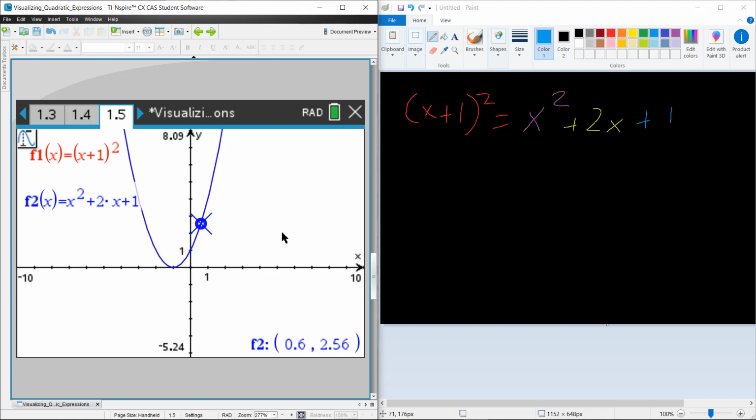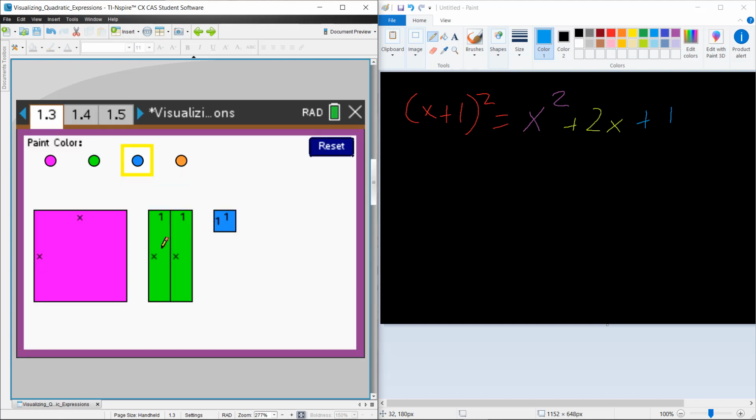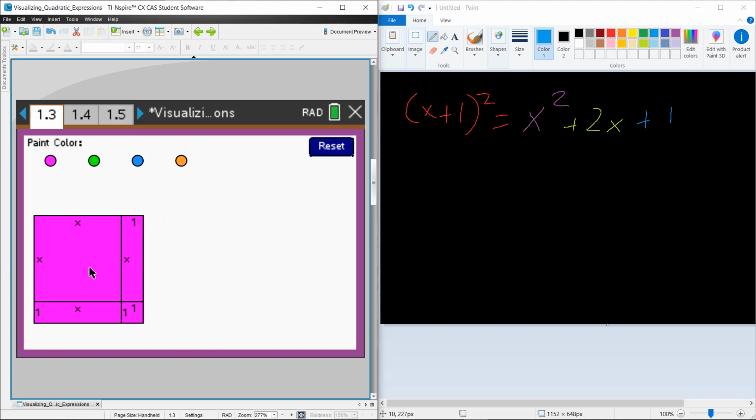I have a completely equivalent graph, and so I can verify that my algebra was also correct a moment ago. So this expression is equivalent to the original expression, x plus 1 quantity squared.